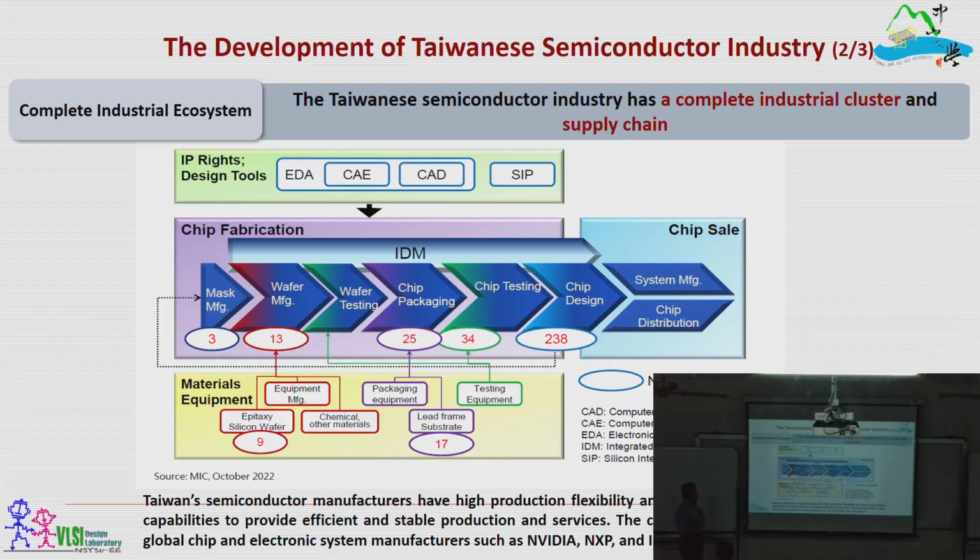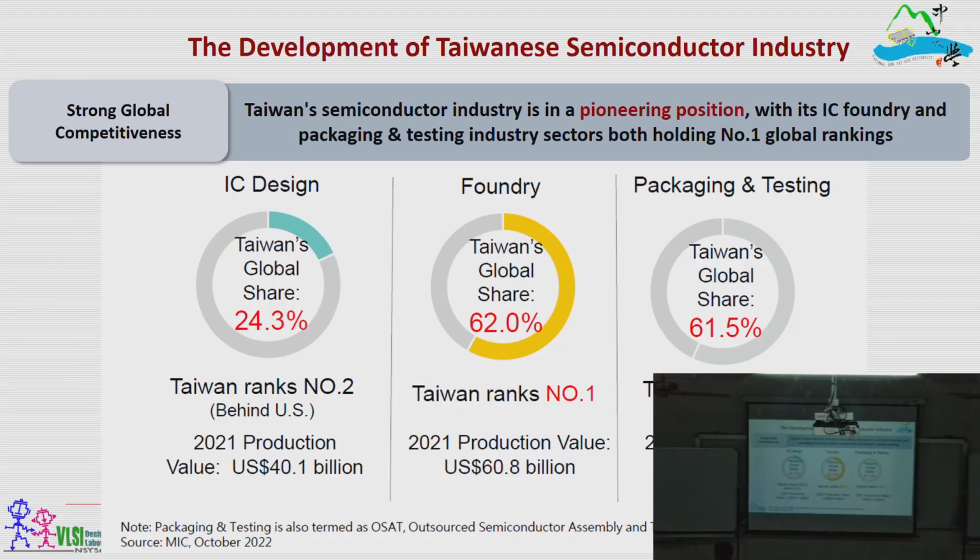And we have a number of foundries. These are the numbers of companies. Design houses is at 238. And wafer manufacturers is 13, okay? So it's a very healthy environment for students to grow in.